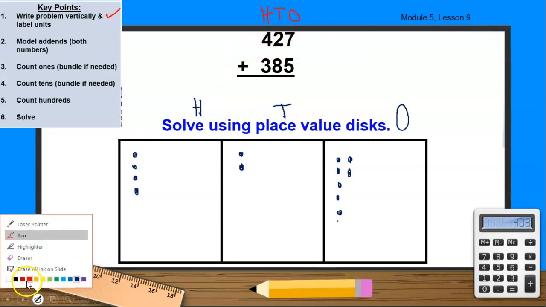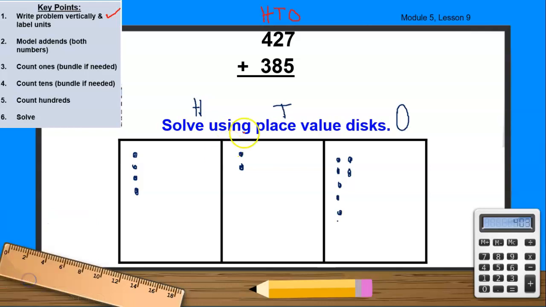Now let's do the other add-in, boys and girls. 385. This is in the ones place, so that tells me that I draw 5 ones. I go to a new column and I go 1, 2, 3, 4, 5.